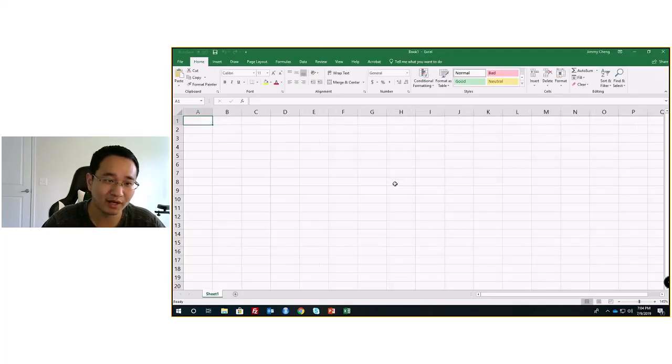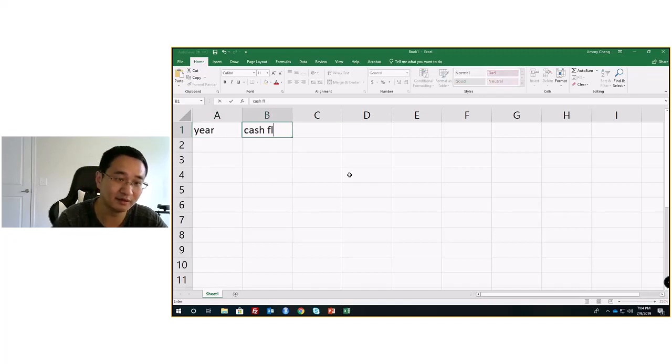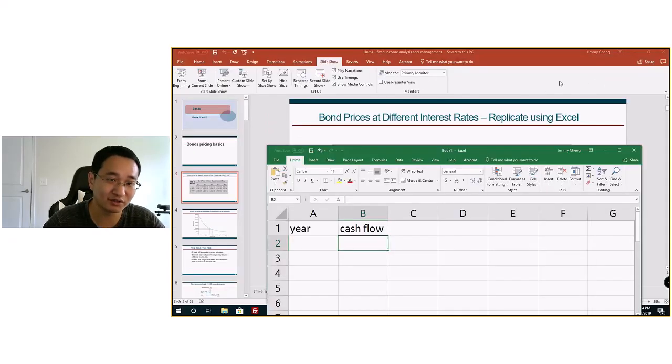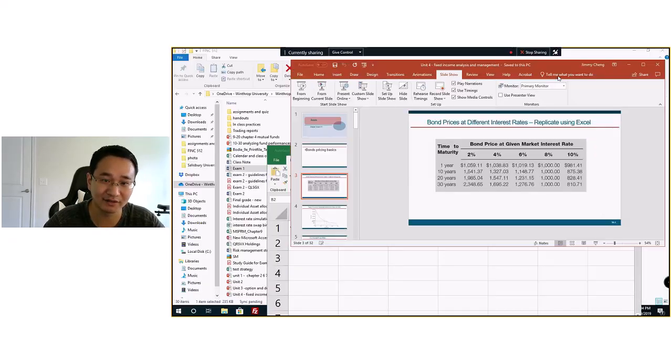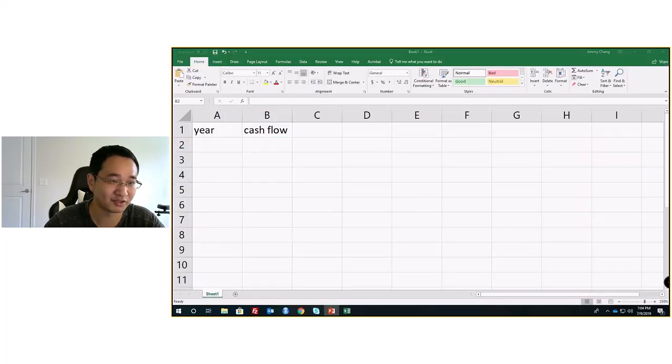The main reason why you need to use Excel is something called a timeline. So in finance, it's all about time and cash flow. You should be able to download the slides online in Blackboard, so I will just focus on Excel right now.